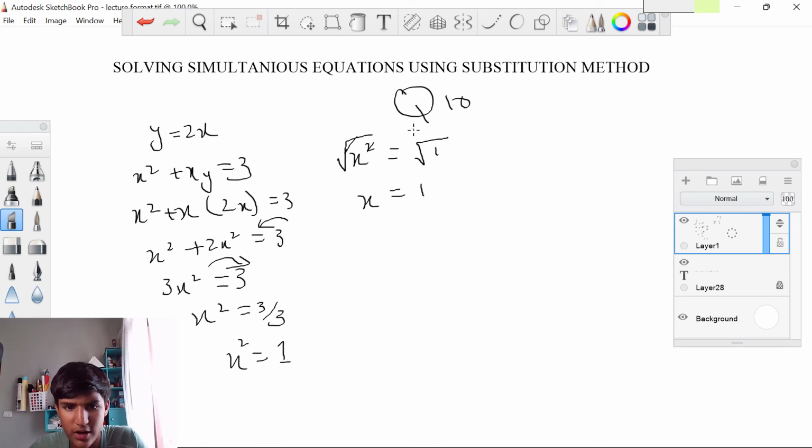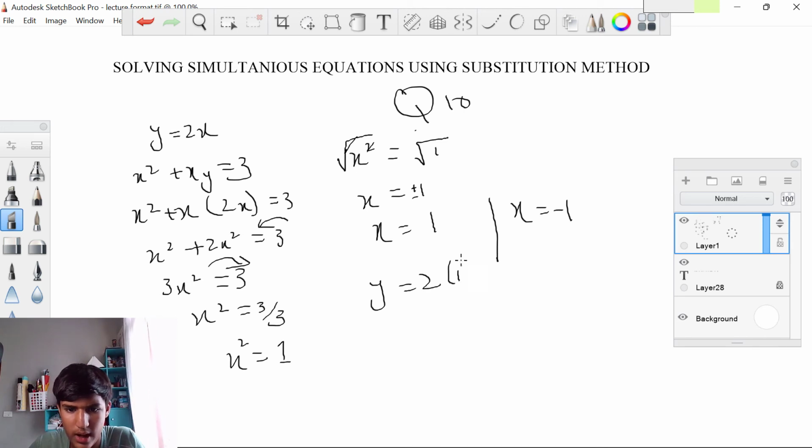Now, since we put an under root in the equation, we're going to add a plus and a minus, which means that the answer is x plus 1 and x minus 1. A more complicated way of writing this is x equal to minus 1 and x equal to 1.